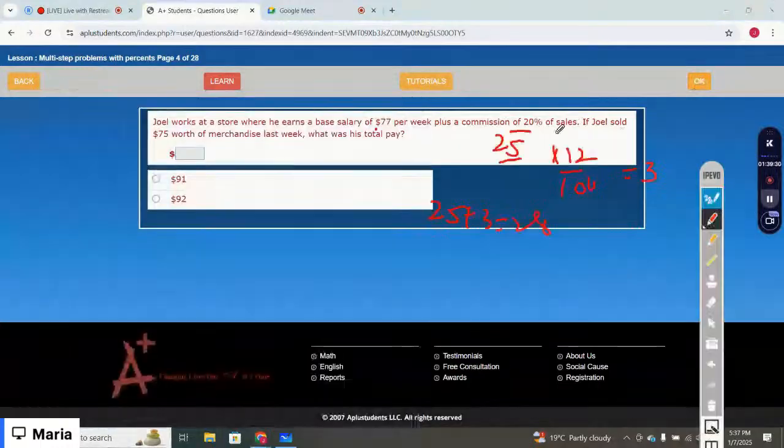$77 per week, and the commission is 20%. Merchandise last week. What was his total pay? Okay, 77 is the basic salary, right? And the sales are 75. So calculate the 20% of sales, the sales is $75, right?